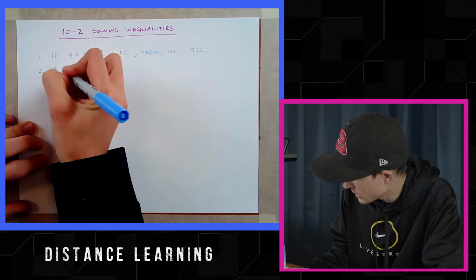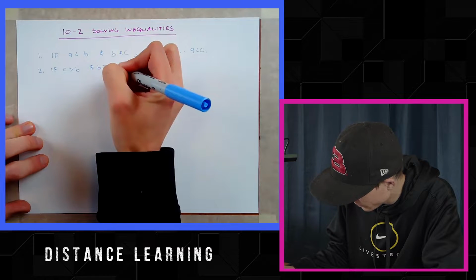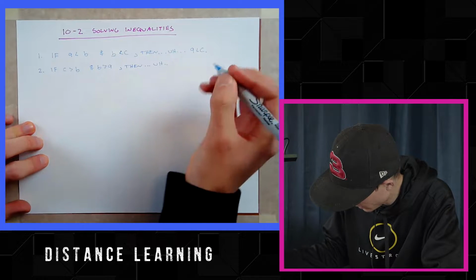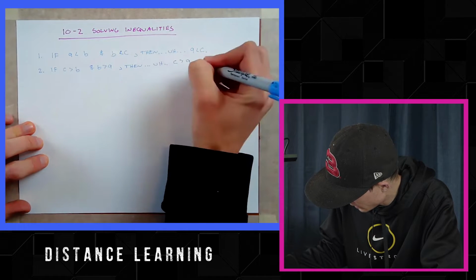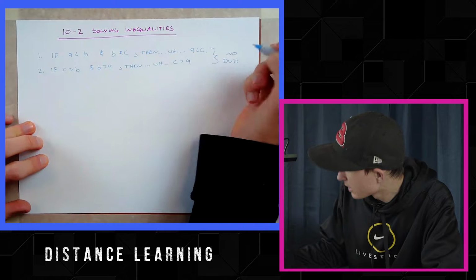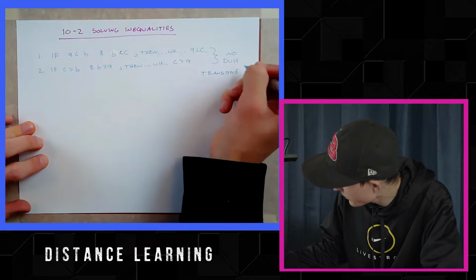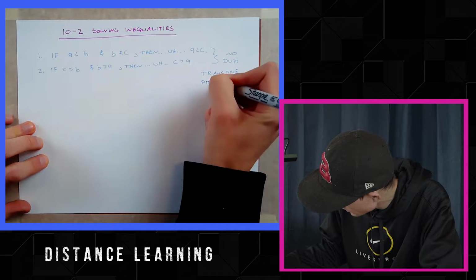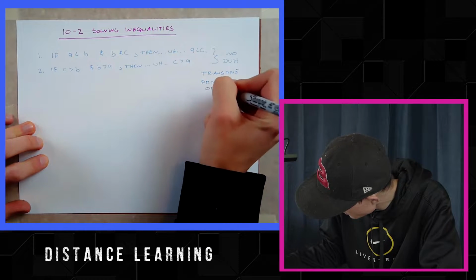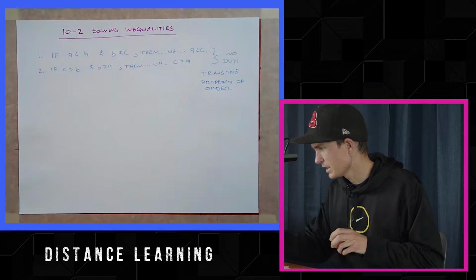And if C is bigger than B and B is bigger than A, then C is bigger than A. So these are what I call the no duh, also known as transitive property of order. All right, hopefully that seems to make sense.